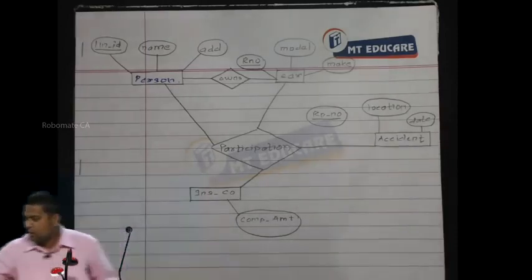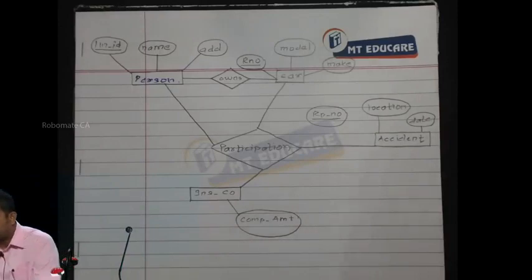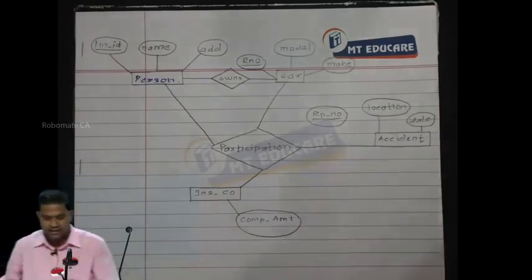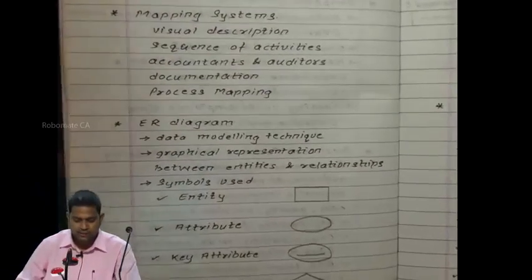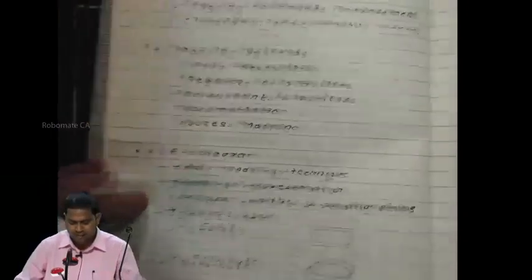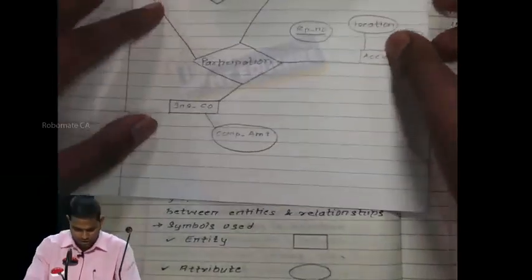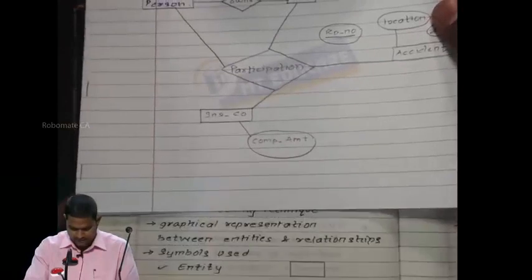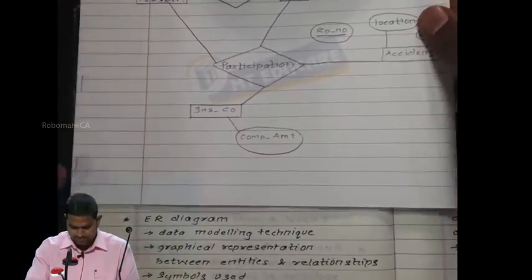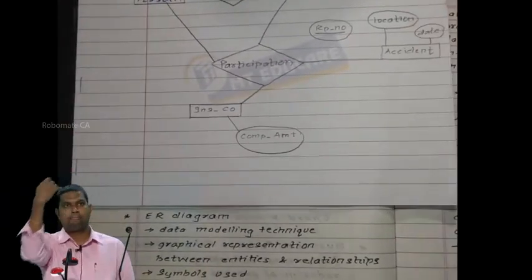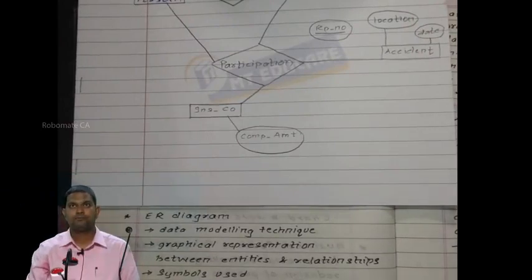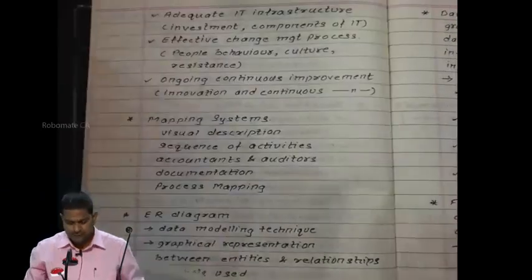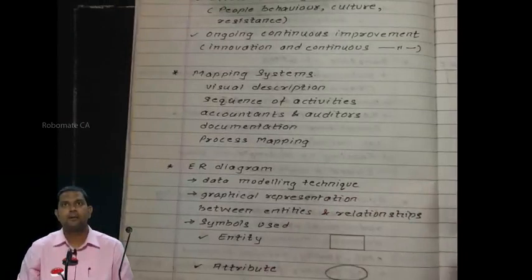Okay, so now before we proceed ahead with the next data flow diagram, I think noting down is required of the ER diagram and also the mapping system. You have not finished?